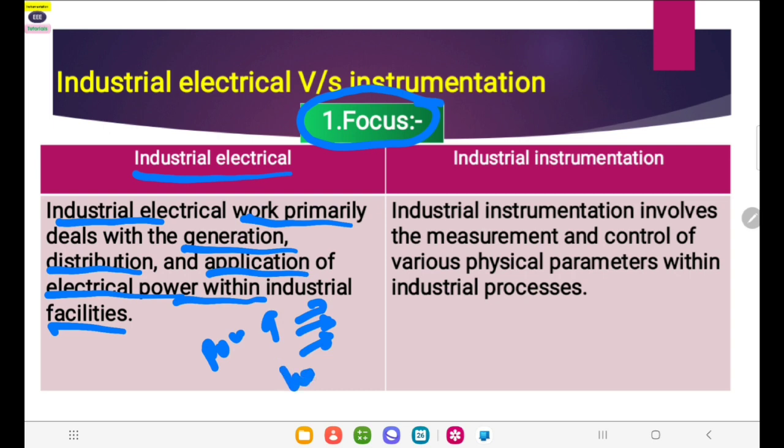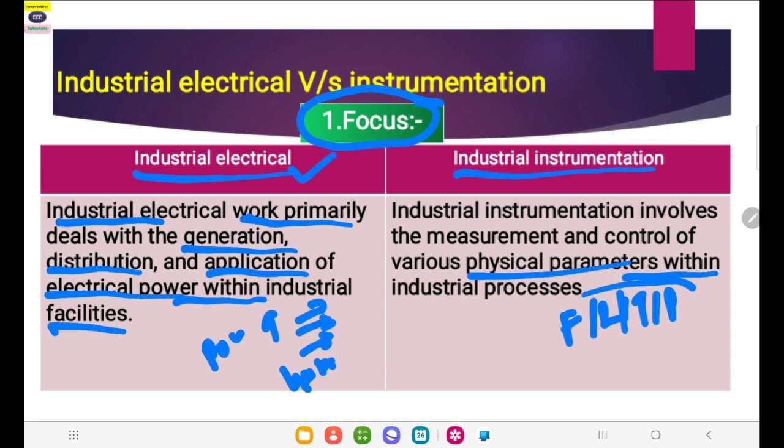Industrial facility means lighting facilities, power delivered to the motor, and these are the things which come under industrial electrical. Now talk about industrial instrumentation, which basically involves the measurement and control of various physical parameters within industrial process. The various physical parameters include flow, level, temperature and also pressure. So these are the parameters which come under the industrial instrumentation.